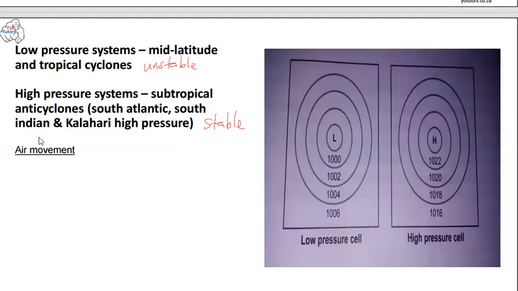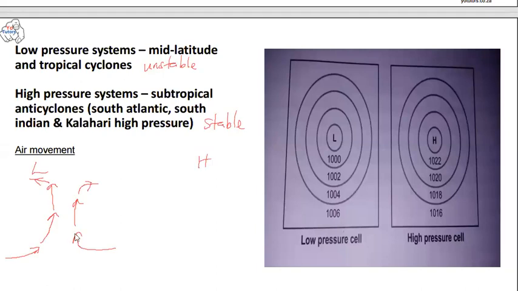Now let's also look into how the air moves in low pressure systems and high pressure systems. In low pressure systems, air converges at the bottom, on the ground, and when it converges, it rises and diverges at the top. So here, this is what we see: air converges at the bottom, then diverges at the top.